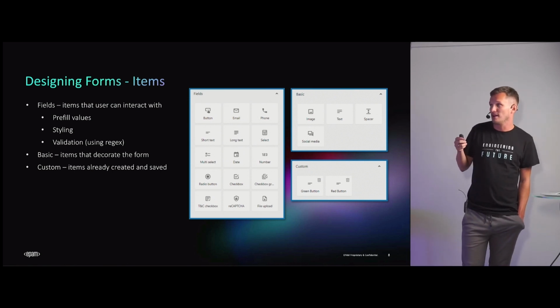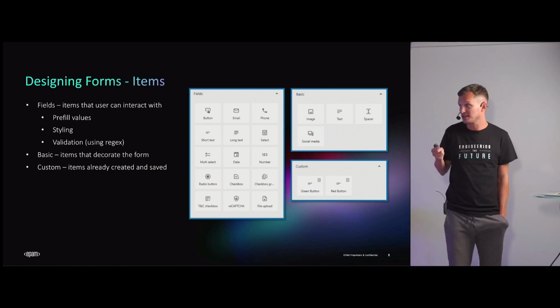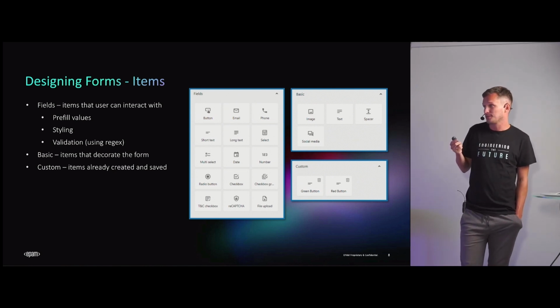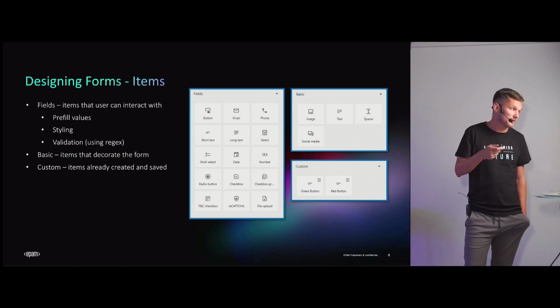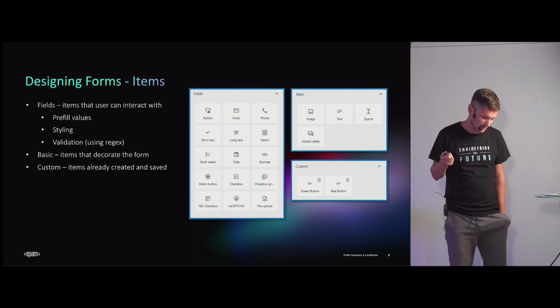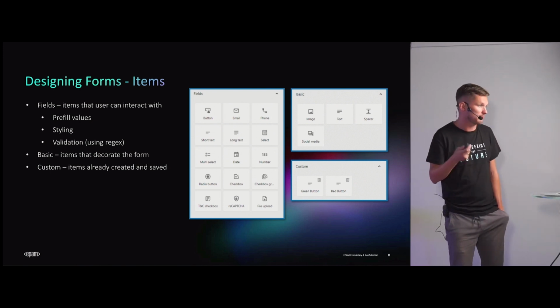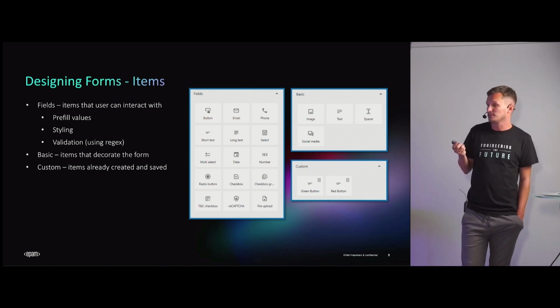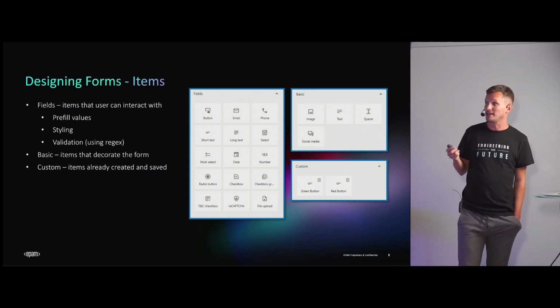And so we have the field items. These are the items that the user can interact with. And there's a wide variety of those. The ones that you would expect, like buttons, checkboxes, and numeric fields, but also a few interesting ones like terms and conditions checkbox or reCAPTCHA.